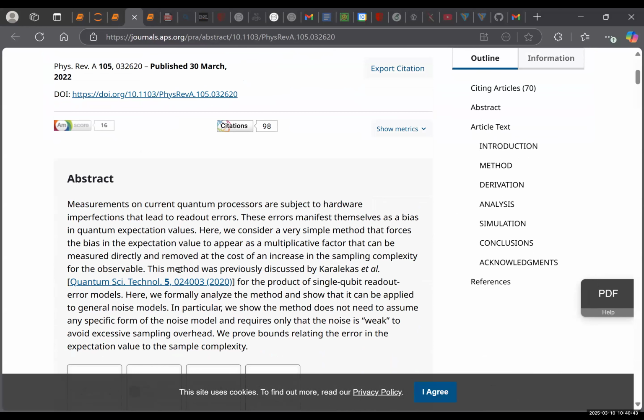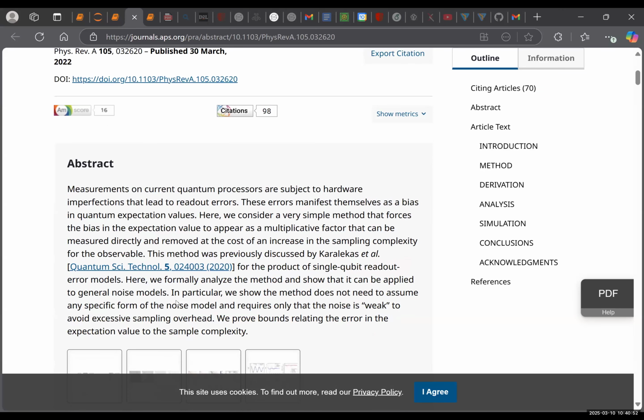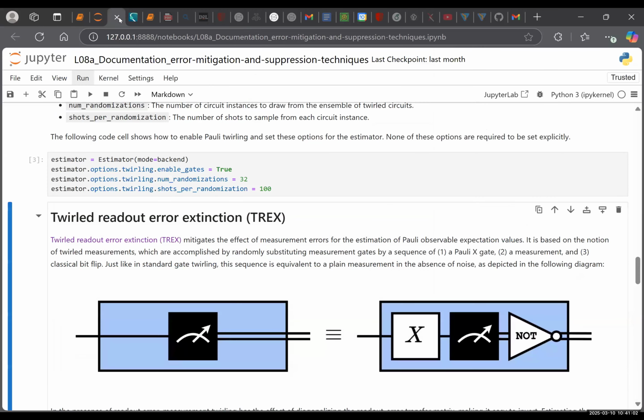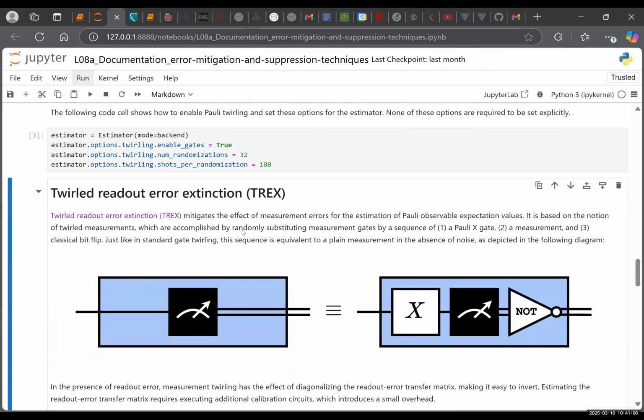This was already previously discussed. Product single qubit general noise model. If you want, you can also read the paper in detail.